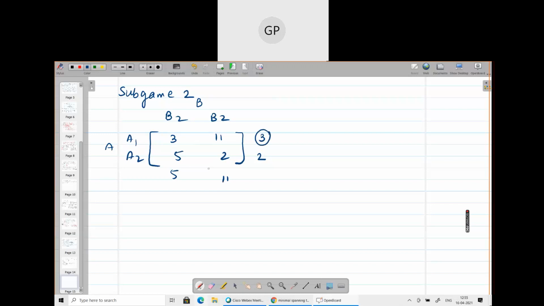Maximum is 3, minimum is 5. So the value of this subgame lies between 3 and 5. Okay, which method do you want to use, algebraic or arithmetic? Yes, algebraic method. Usually I use the algebraic method.